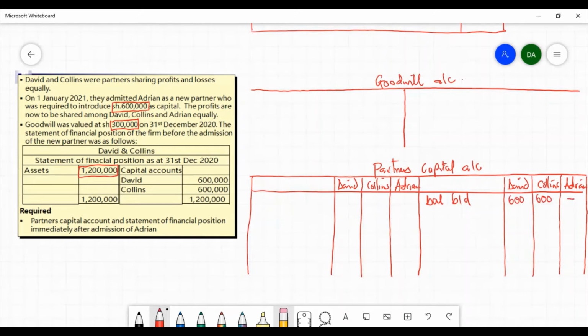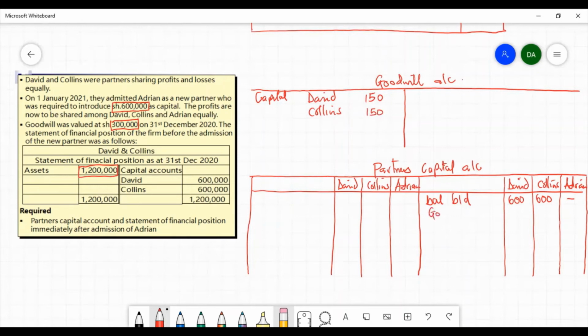Secondly, we record goodwill. Goodwill is debited here as capital for David and Collins. The share is the same, 150,000 and 150,000. And then credit the goodwill in partner's capital account.